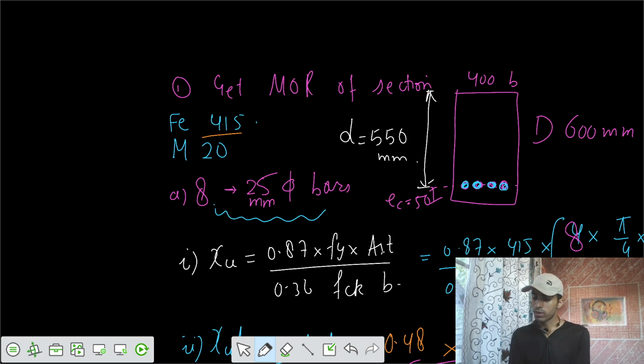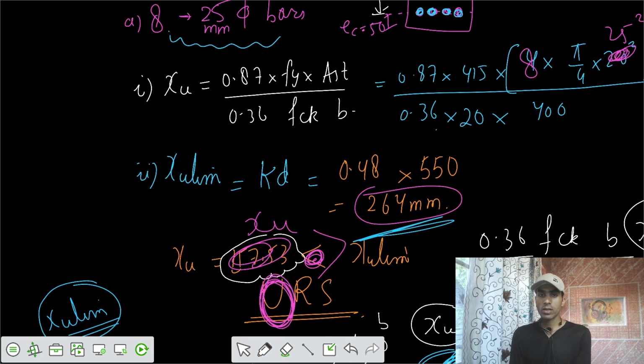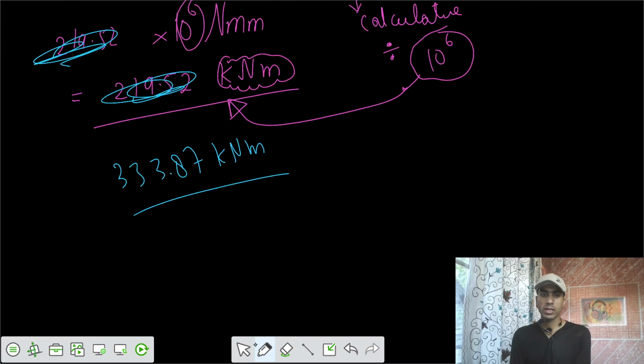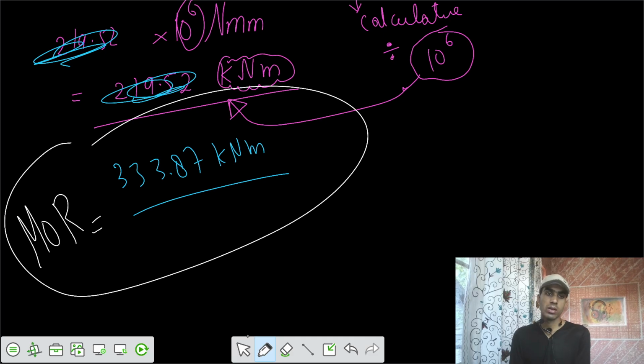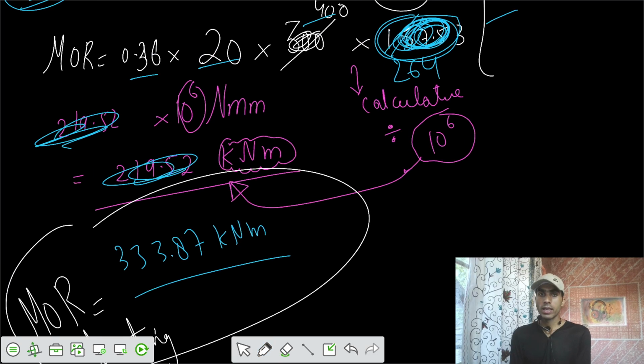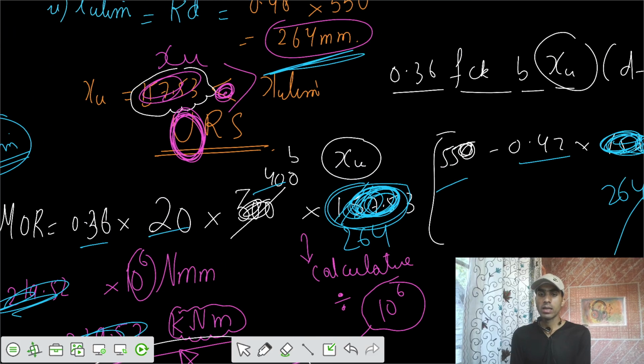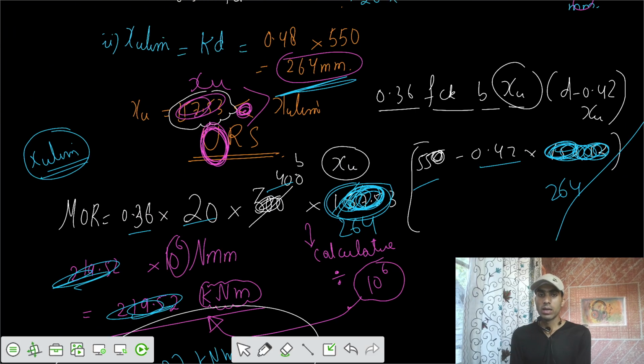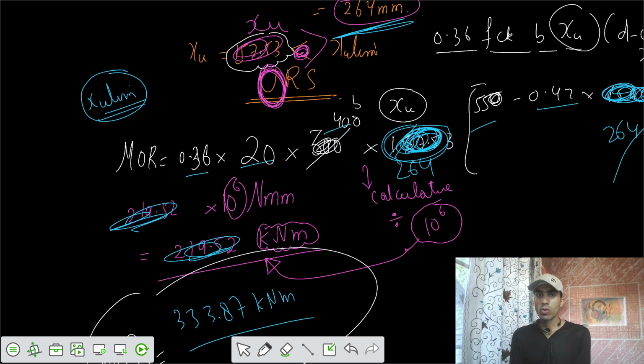And the third part of the problem is that you need to get the moment of resistance of the limiting section, and this is also equal to the moment of resistance of the limiting section. Can we say that this is the moment of resistance of the limiting section also? Because in the second case there is no role of Ast.